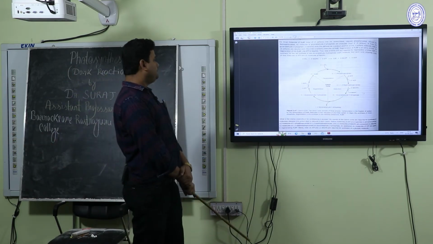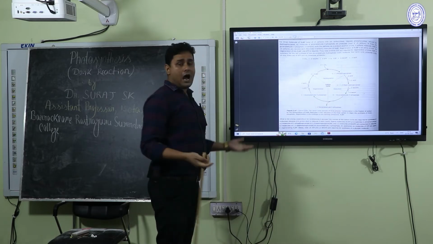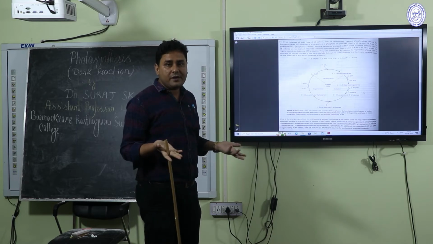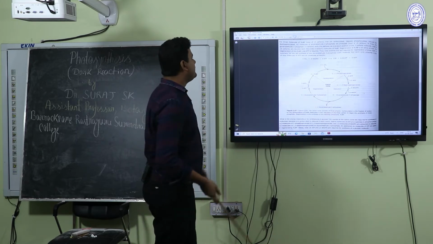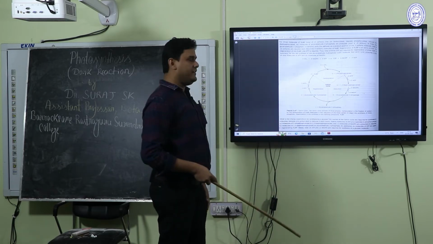Now here are the details. Details means how many molecules are involved and how many molecules will be produced. All the details are given in this cycle of the Calvin cycle.